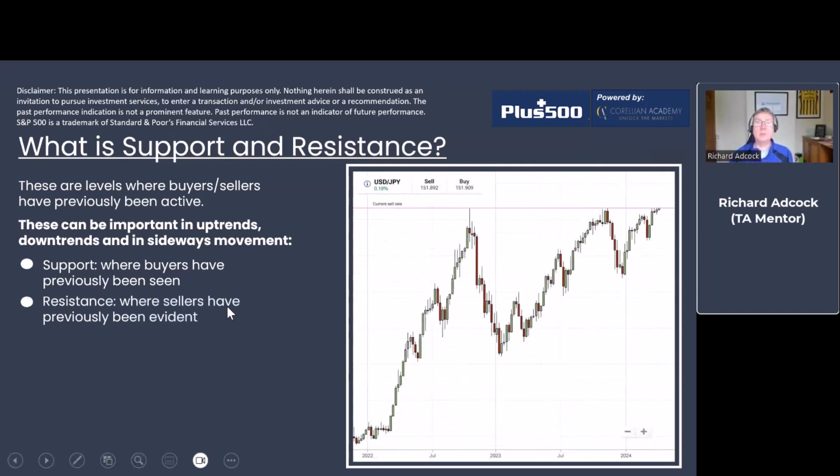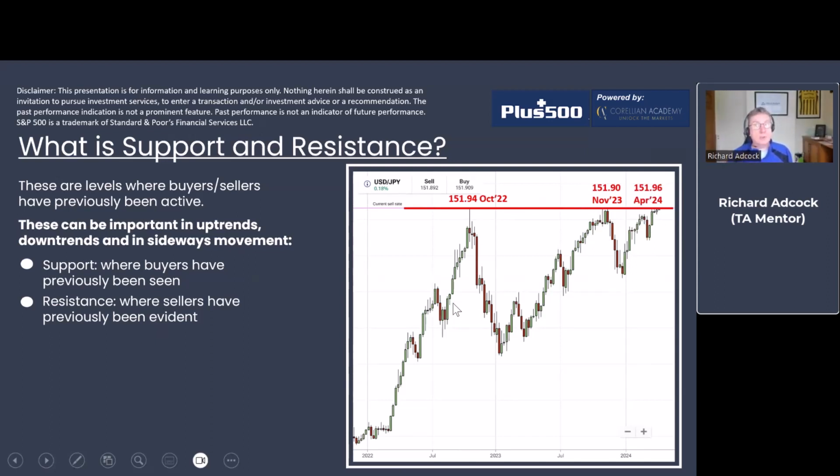Now, resistance is where sellers have previously been evident and where we can anticipate supply or selling pressure beginning to materialize once more. And here we have the dollar-yen chart on a weekly basis, just to highlight the significance of the previous resistance points, the previous highs from where we've encountered selling pressure, dating back to October 22, November 23, and again this month around the 151.96 area.